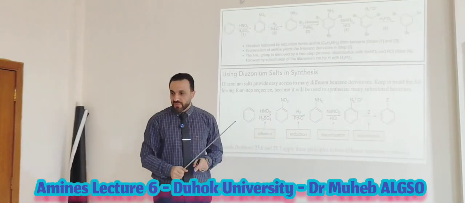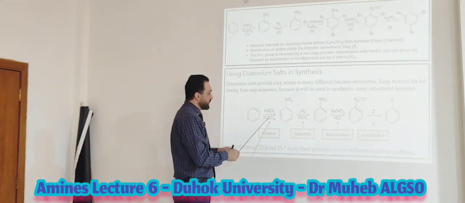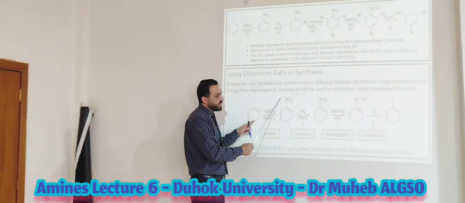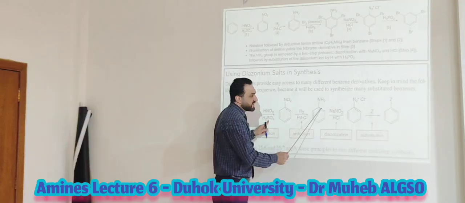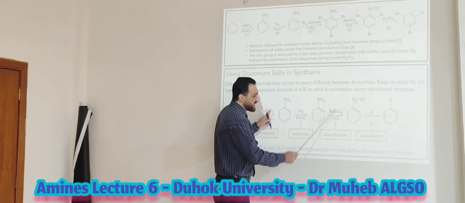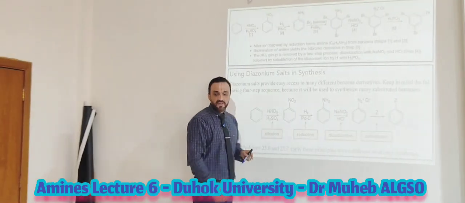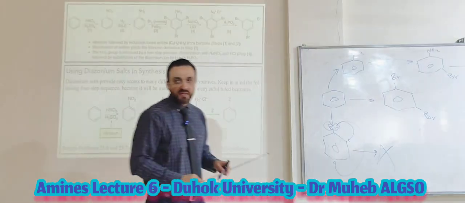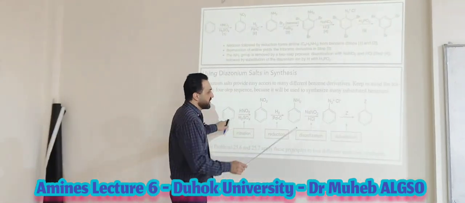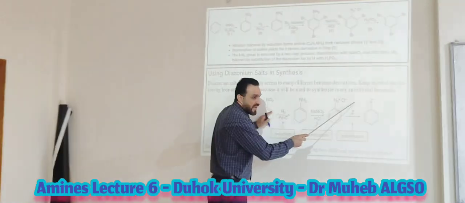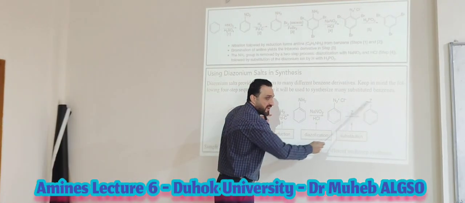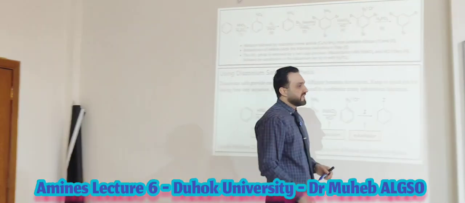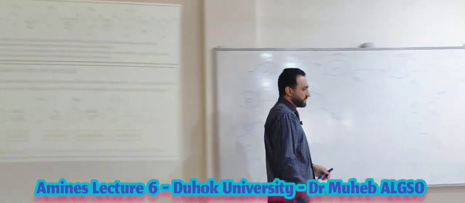When you work in organic synthesis, you need nitration, and after nitration, you need reduction, and after reduction, you need diazonium salt. These three steps are the main steps in organic synthesis. Step 4, diazonium salt finally can be converted to many different groups.